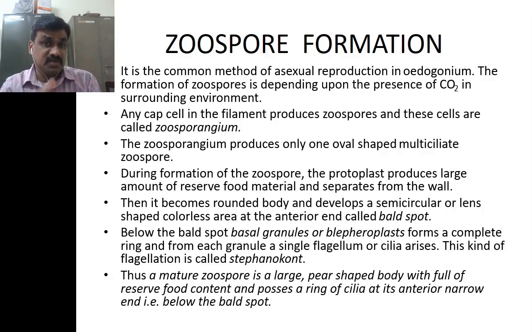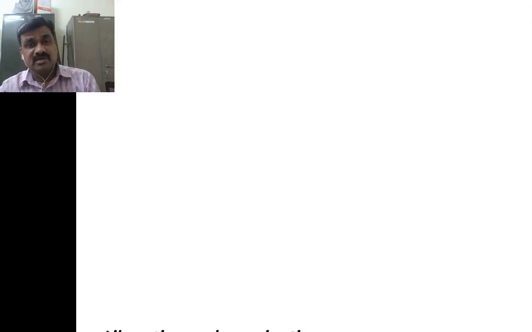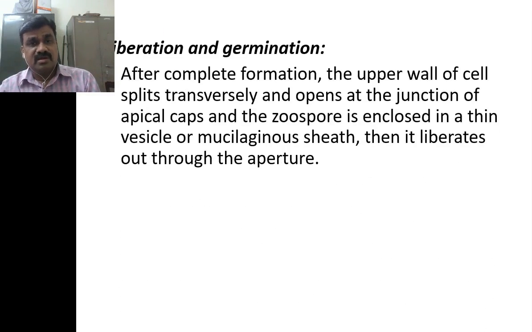Okay, how is the zoospore liberated? Look at this point. The upper wall of the cell. So we have the zoosporangium above the vegetative cell. There is an apical cap present at the upper side. So the upper wall of this zoosporangium splits transversely at the junction of the apical cap. It splits at this junction transversely and forms a pore.